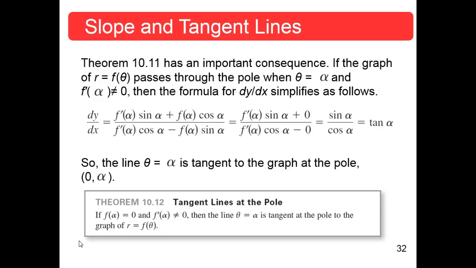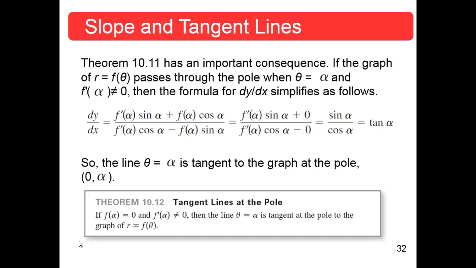This has an important consequence. If the graph of r equals f(θ) passes through the pole when θ equals α and f prime of α is not equal to 0, okay?